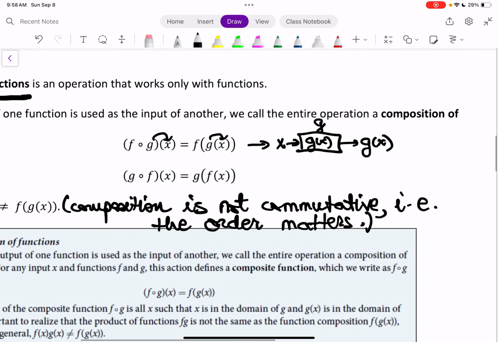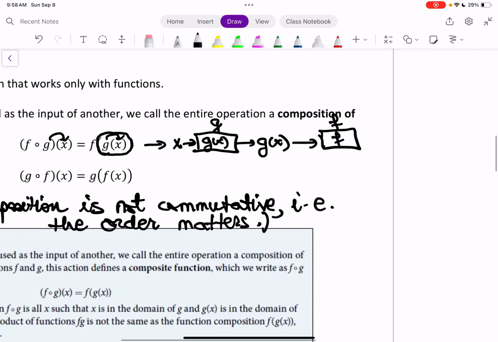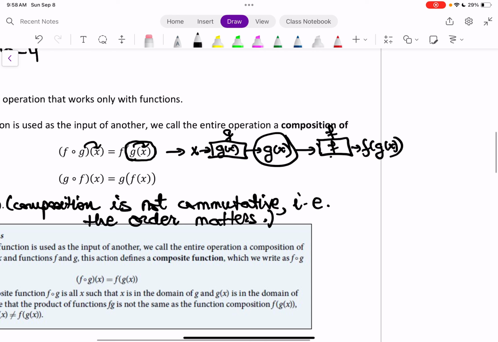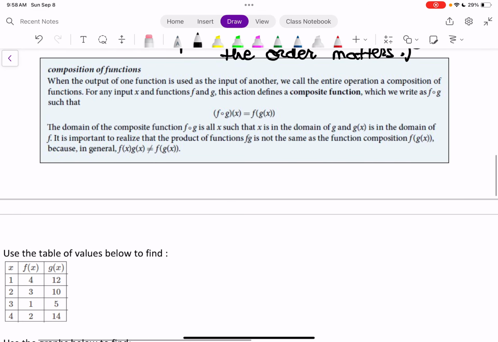Now you're going to let this whole g of x go through the function f next. So what this function f does is act on g of x, and it spits out f of my new input, g of x. So it's one function at a time working on these values. Let's see how this works.